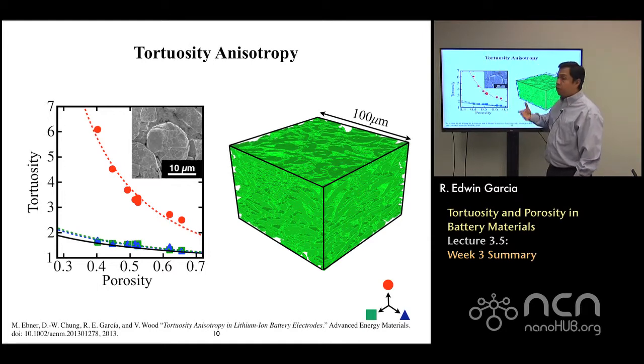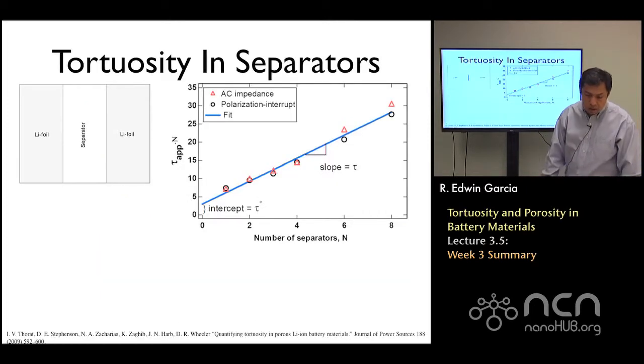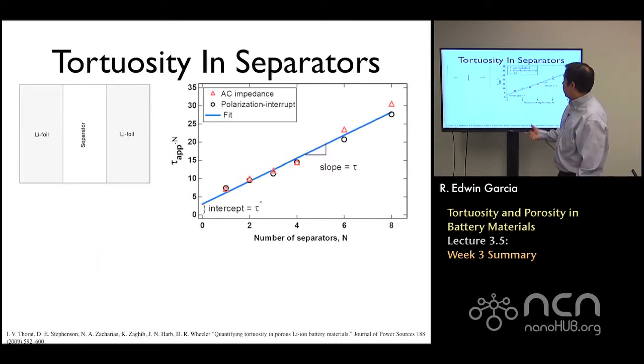Now, there are other additional contributions to tortuosity, corresponding to the tortuosity delivered by the separator itself. In this case, people tend to make separators as thin as possible in order to decrease the losses as ions go from the anode to the cathode or back.